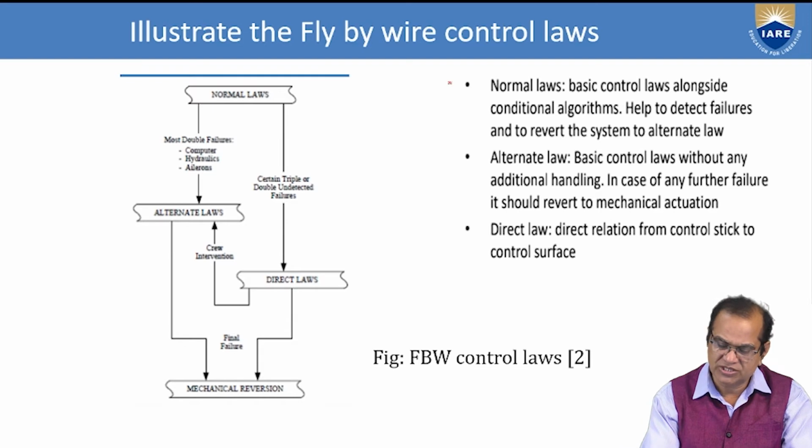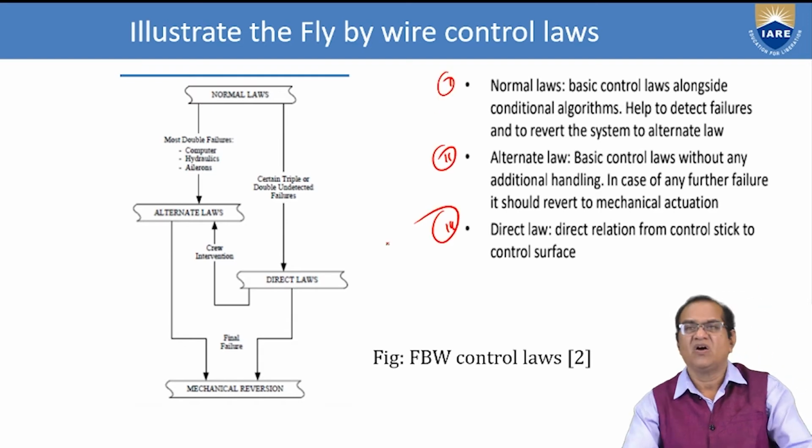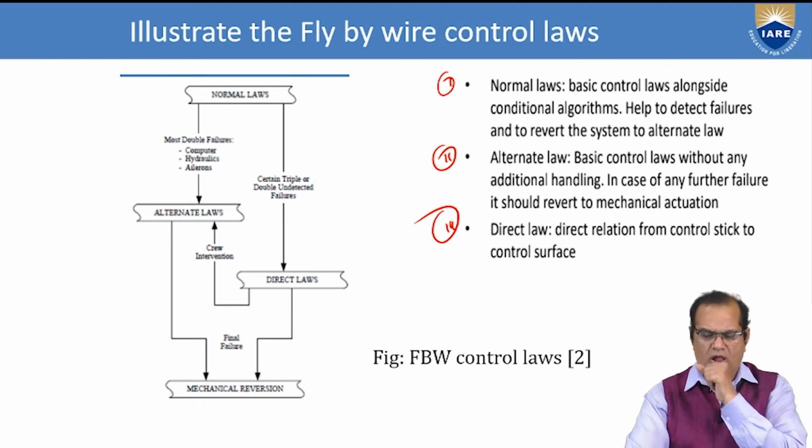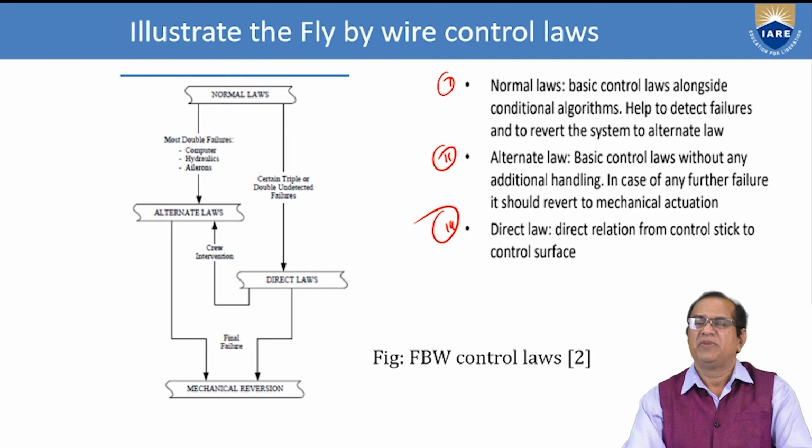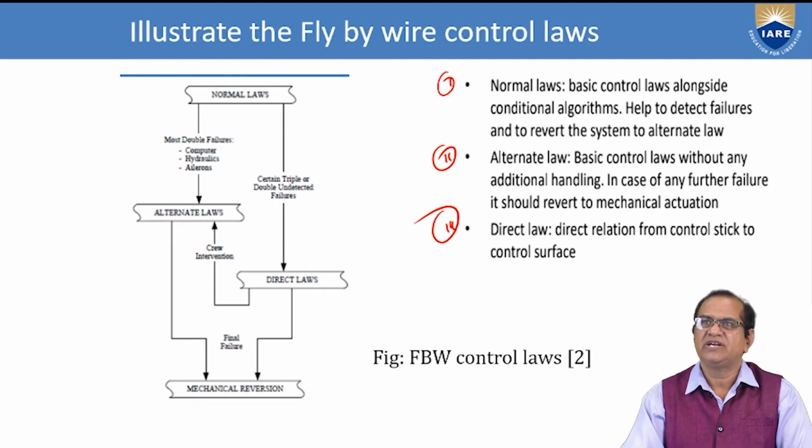Here we have three laws: 1, 2 and 3. The first law is the normal law. Basic control laws alongside conditional algorithms help to detect failure and to revert the systems to the alternate law.